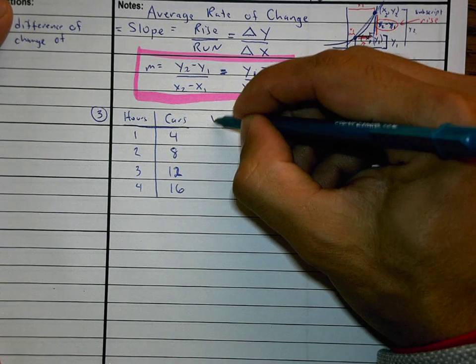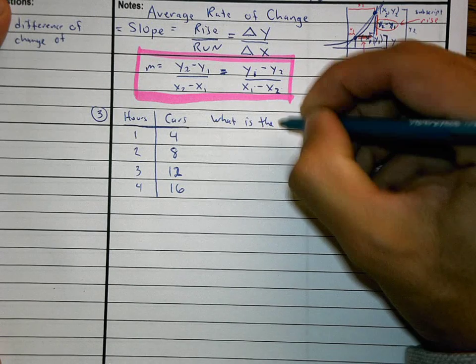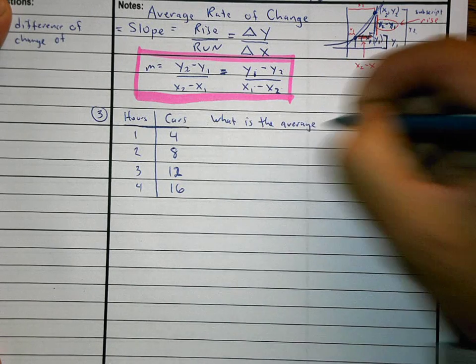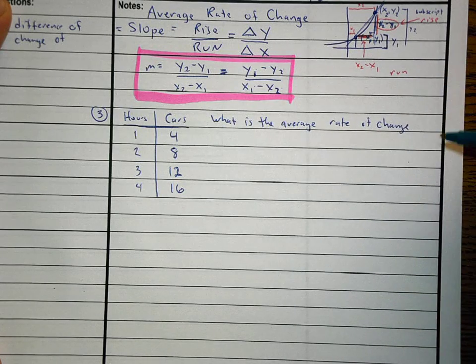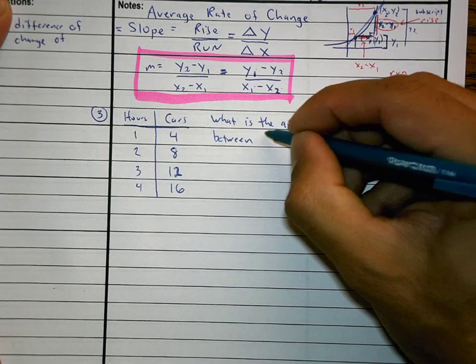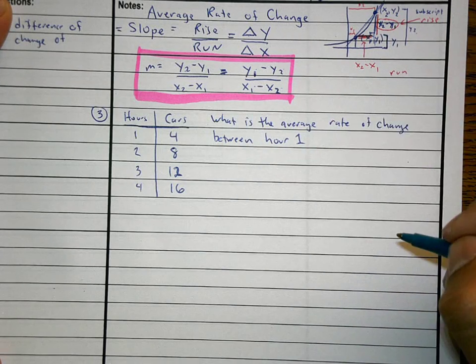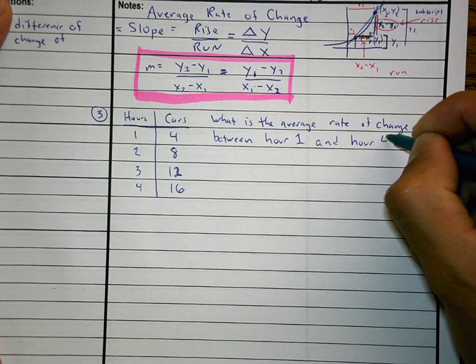The question is going to say, what is the average rate of change between hour 1 and hour 4?